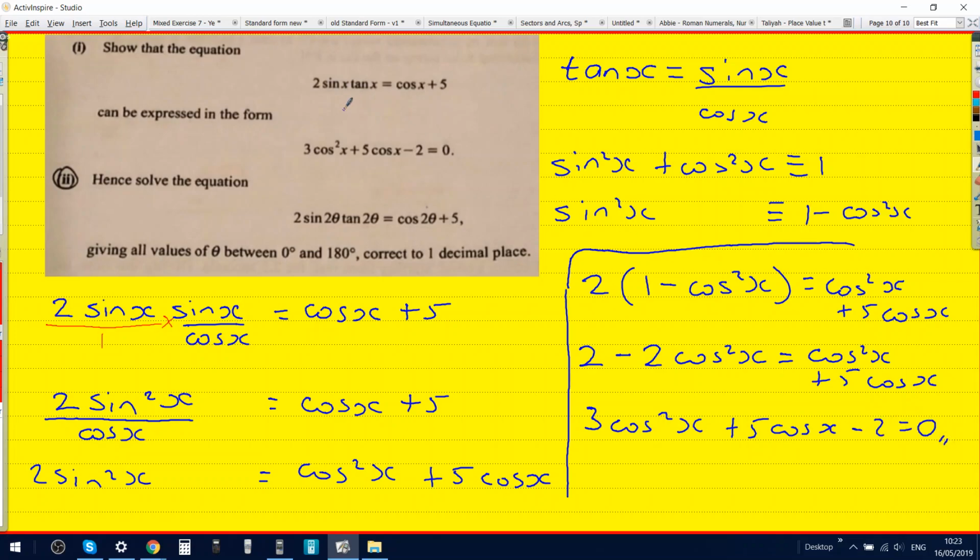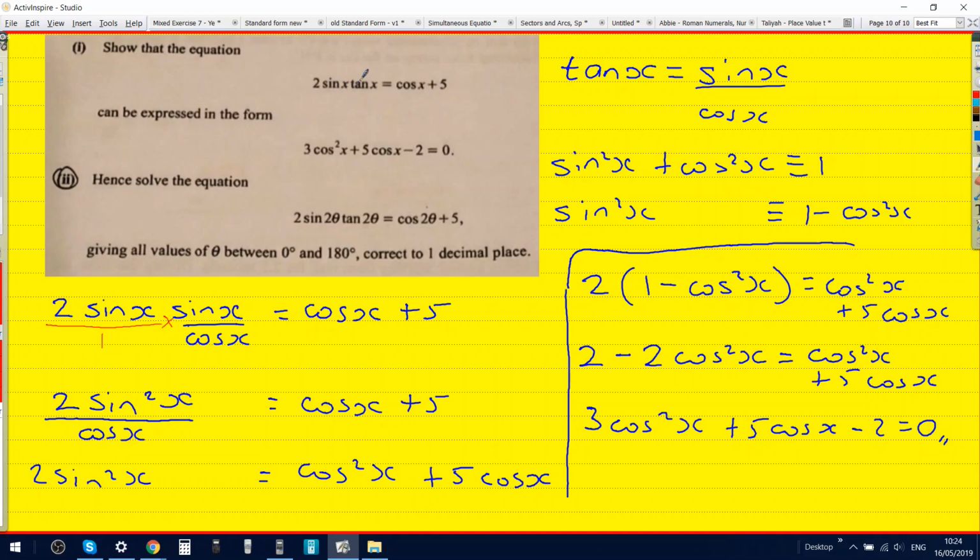Basically, you have to turn everything into cos, and you've got sine x and tan x. First of all, tan x is sine x over cos x, so I would do that first. The reason is that you can swap between sine squared x and cos squared x, but you can't swap between sine x and cos x, as that involves square roots and stuff.